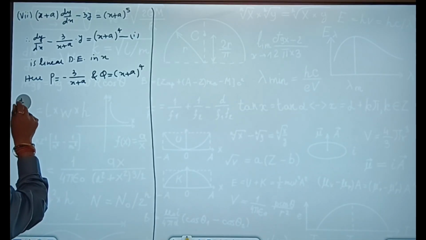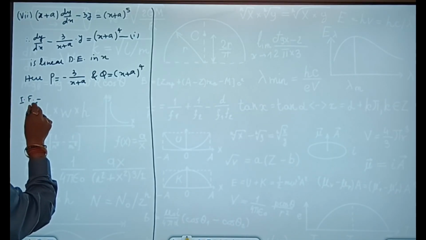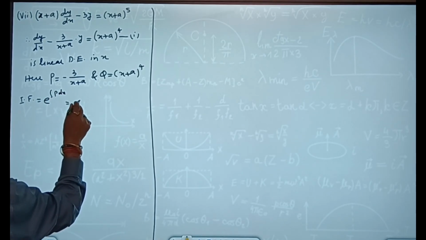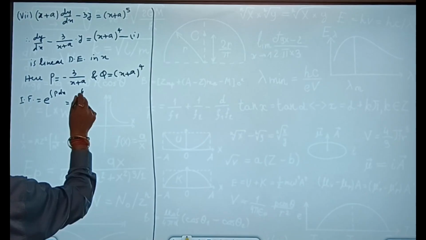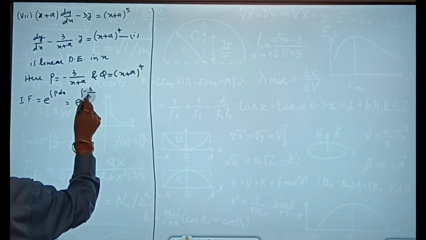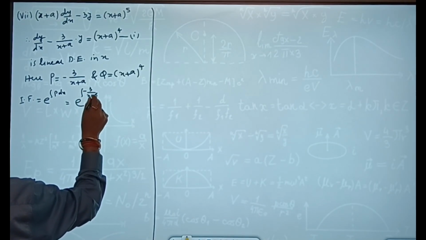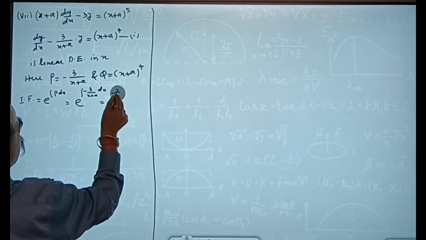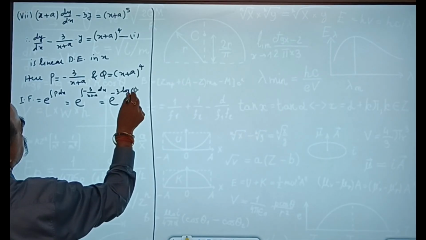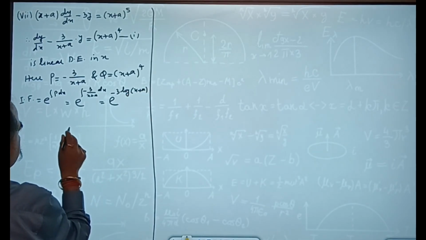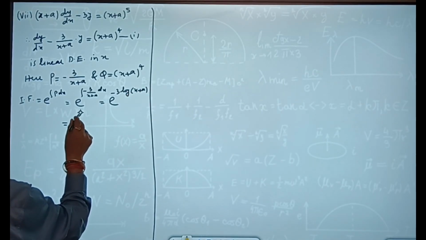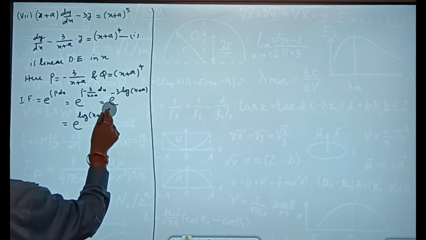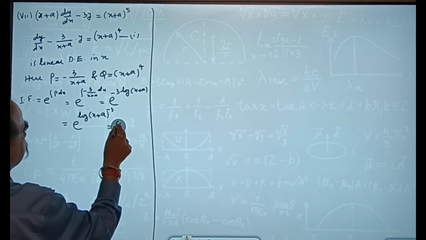Integrating factor is e raised to integral p dx, e raised to integral of minus 3 upon x plus a dx, which is e raised to minus 3 log, e raised to log of x plus a raised to minus 3, which will give you x plus a raised to minus 3.